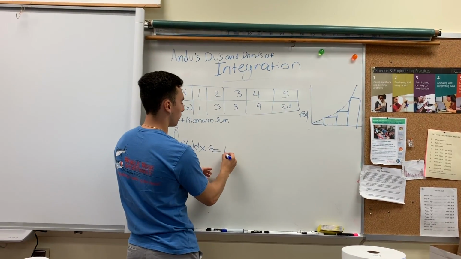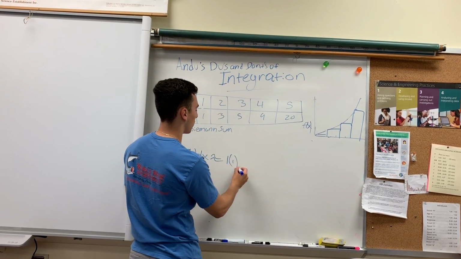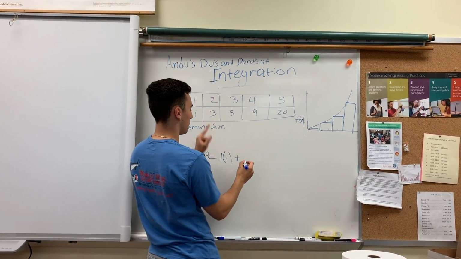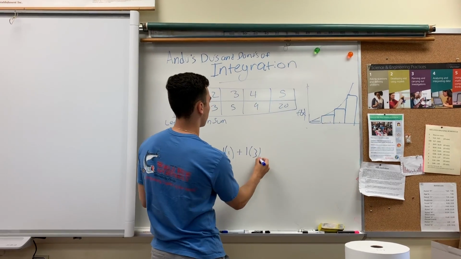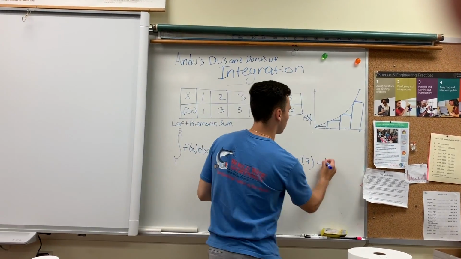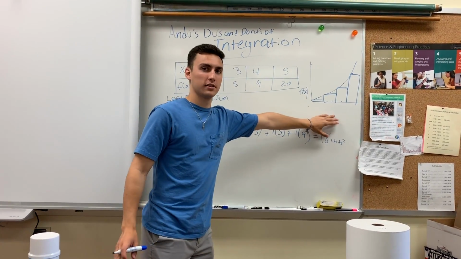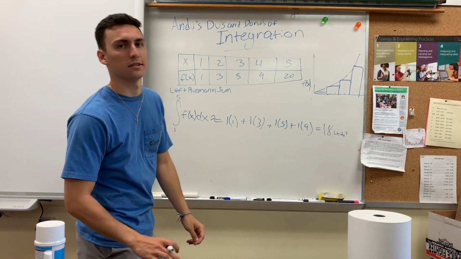So you have the width times the leftmost height, times 1, plus your next width times this height, so 1 times 3, and so on. So that is the approximation for this graph of f of x.